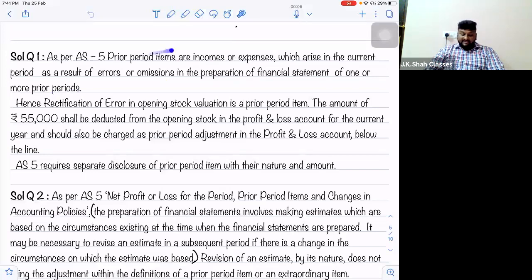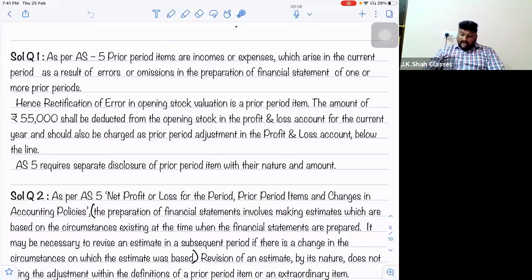So technically, I have given the definition of prior period items in the first para. That is my provision paragraph. Now comes the given situation. Hence, rectification of error in opening stock valuation, because last year closing stock becomes current year opening stock. So hence, rectification of error in opening stock valuation is a prior period item.